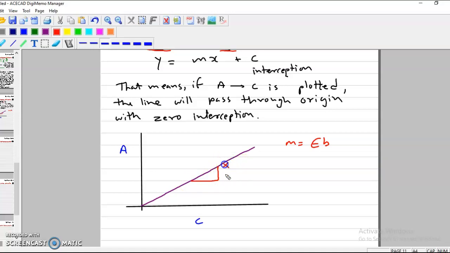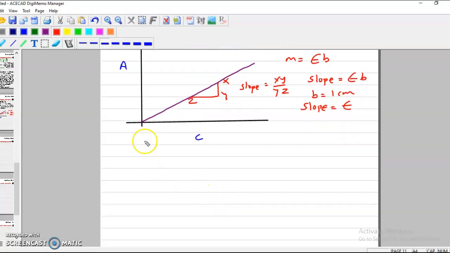If you write x, y, z over here, then slope is equal to xy upon yz, and slope is equal to epsilon b. If b is constant, say b is equal to 1 centimeter, then slope will be equal to epsilon. So this way we can get the epsilon value from this graph.